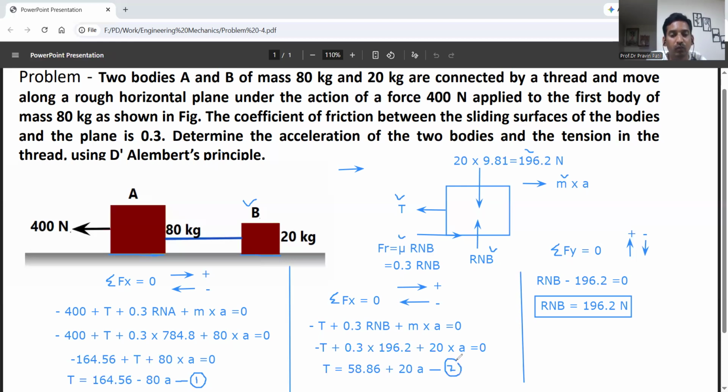So equation 1 is T is equal to 164.56 minus 80a, and equation 2 is T is equal to 58.86 plus 20a. So equate equations 1 and 2.